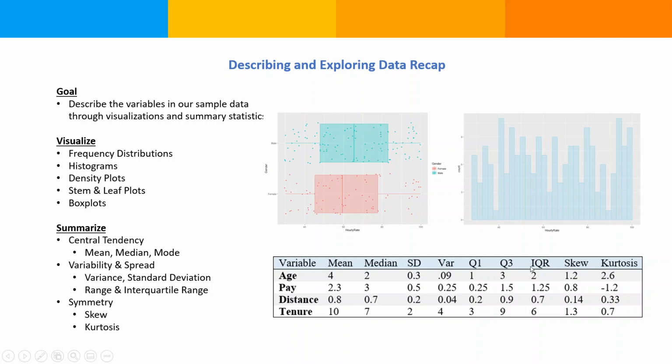And then, of course, we would want to visualize these as well. And then these are just some images of box plots and histograms. So as a recap, our goal when we first get our data set should be to take a look at the individual variables in our data set and try to visualize them and also summarize them through the use of plots and charts and summary statistics.